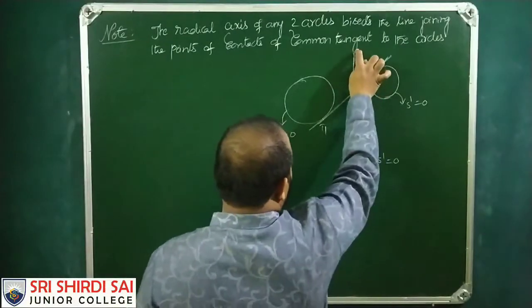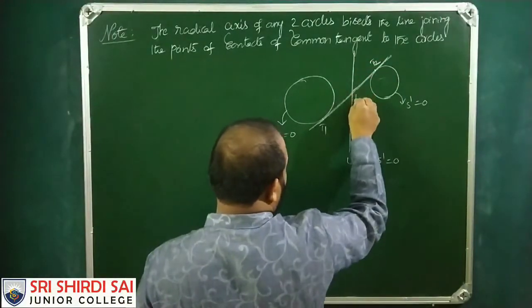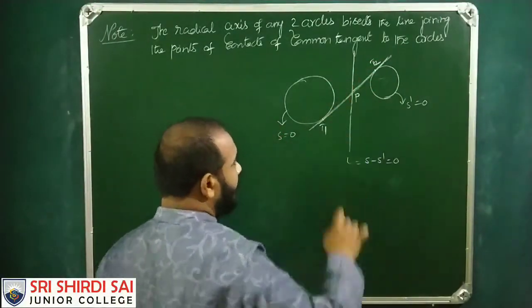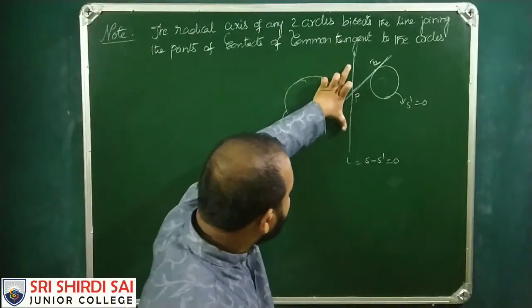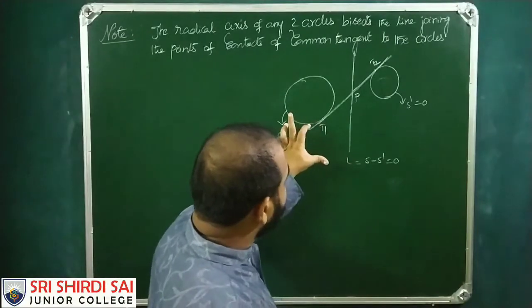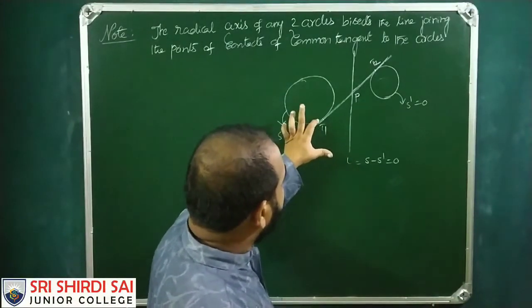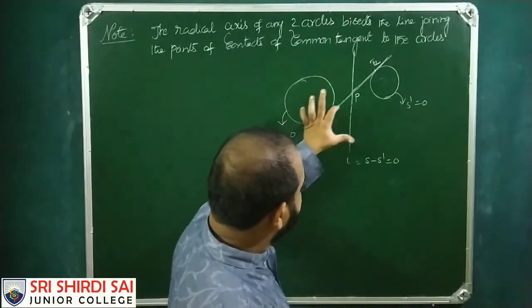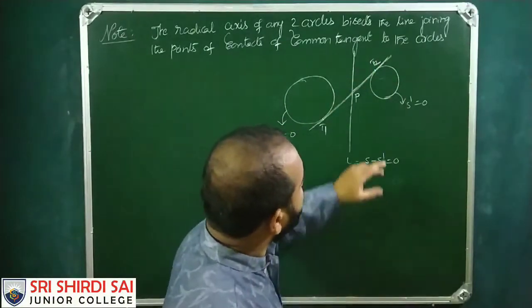So the radical axis and the common tangent are meeting at point P. Then the radical axis bisects the line joining the points of contact T1, T2.